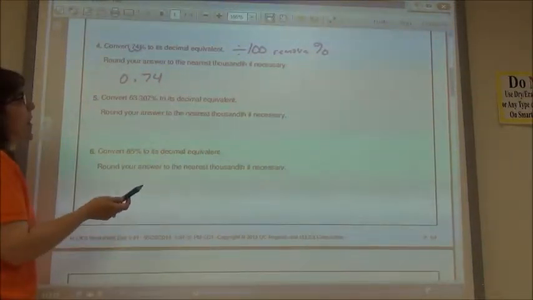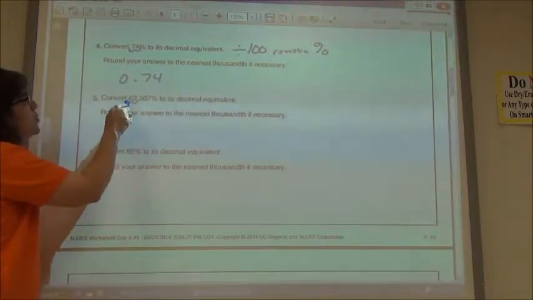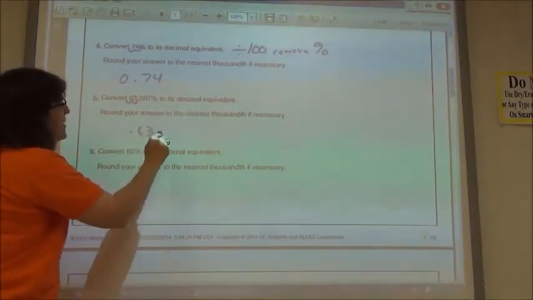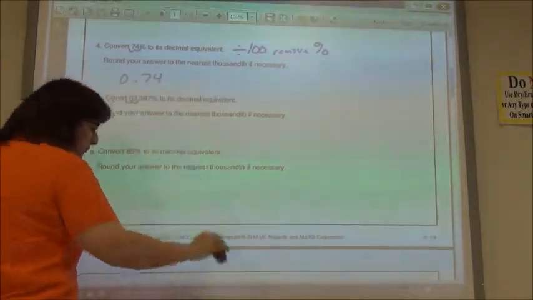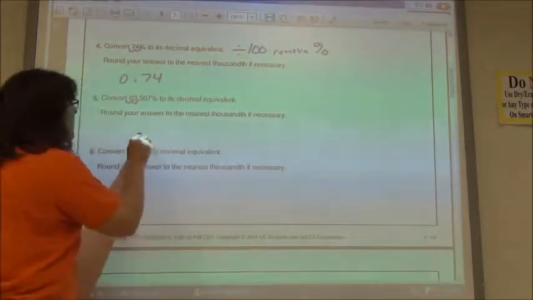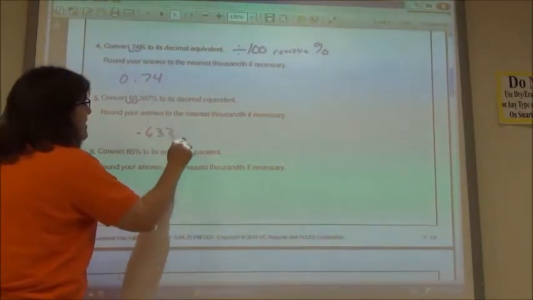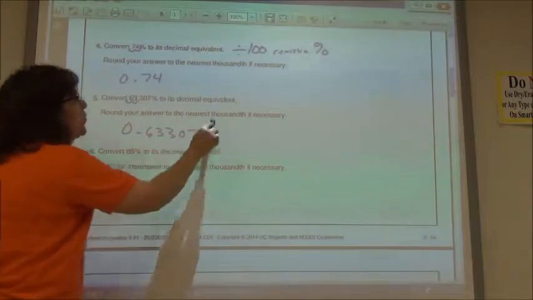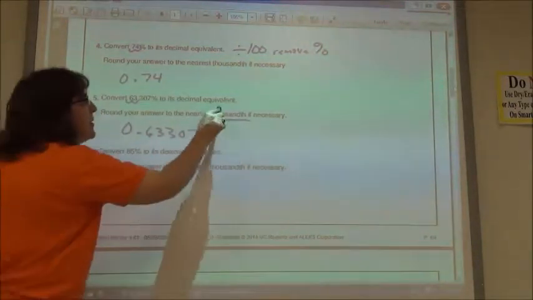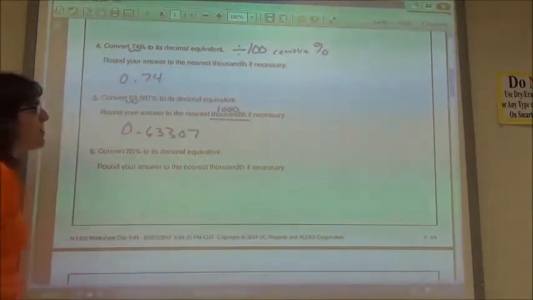Number 5, convert it to its decimal equivalent. So move the decimal back 2 places. 1, 2. So 0.633. Oops, there's 2 3s there. I better fix that. 0.63307. Put the 0 in front because it looks prettier. And it says round to the nearest thousandths. Thousandths, 3 places.